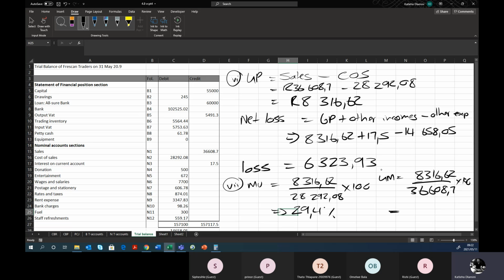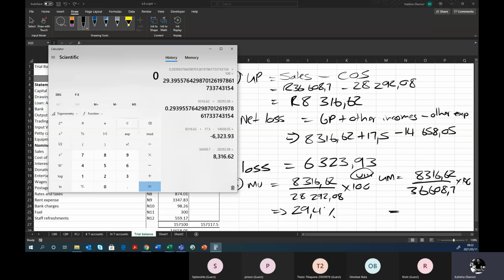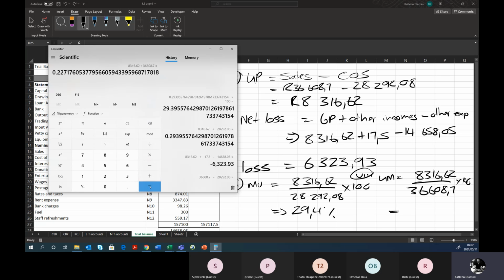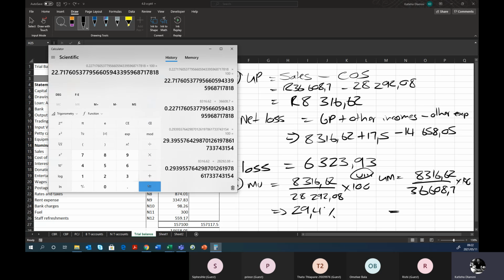Okay, this is number 8. 8316.62 divided by 36608.7 is equal to that amount multiplied by 100. 22.72%.